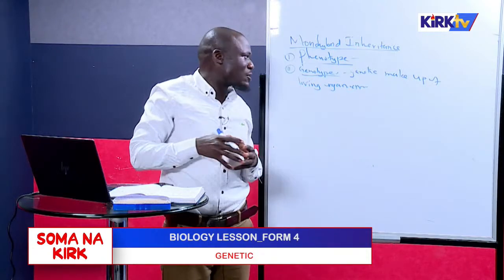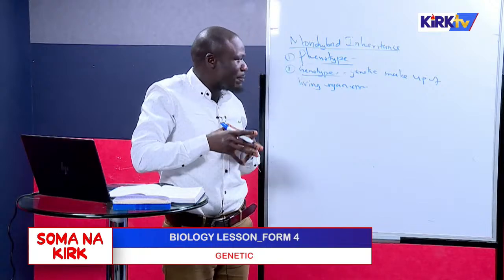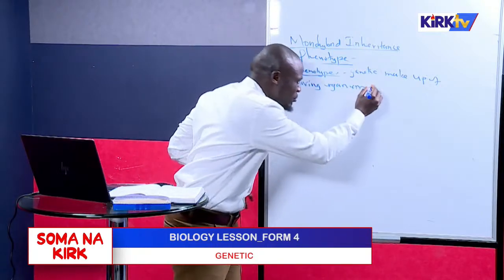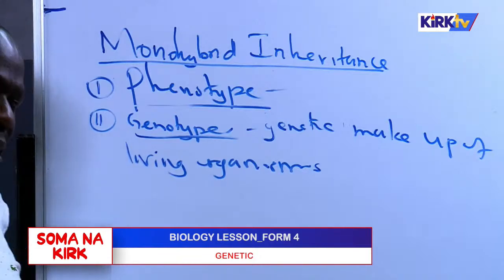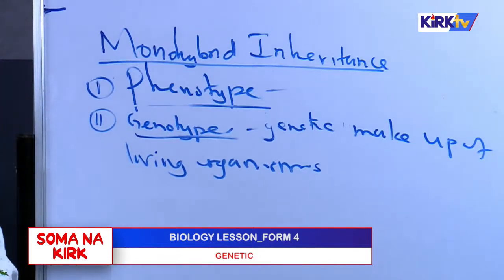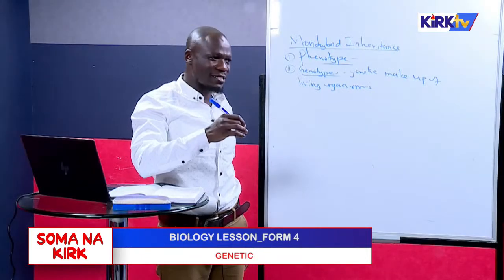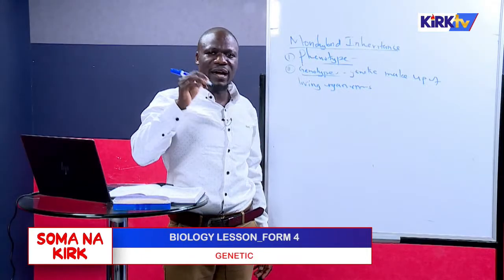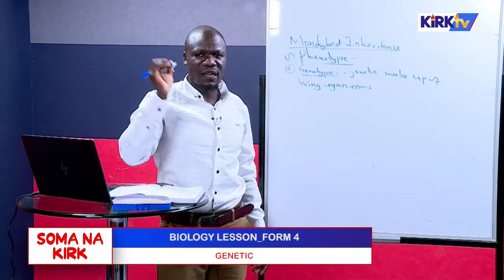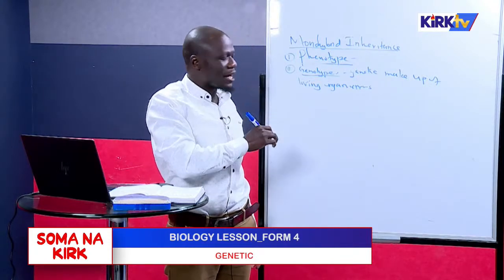And this genotype, which is the genetic makeup of living organisms, is always presented in pairs. It is the one that is controlling the characteristics of living organisms, and it must be presented in pairs.